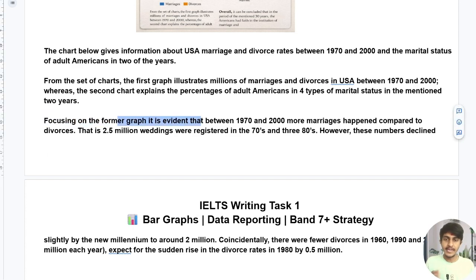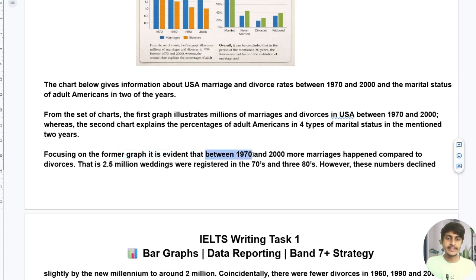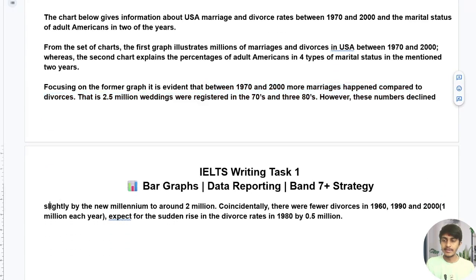It is evident that between 1970 and 2000 more marriages happened compared to divorces. That is, 2.5 million weddings were registered in the 70s and 80s. However, these numbers declined slightly by the new millennium to around 2 million.